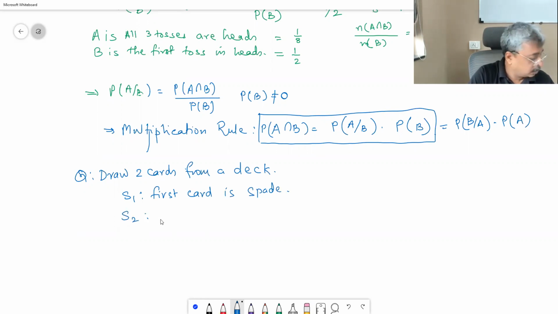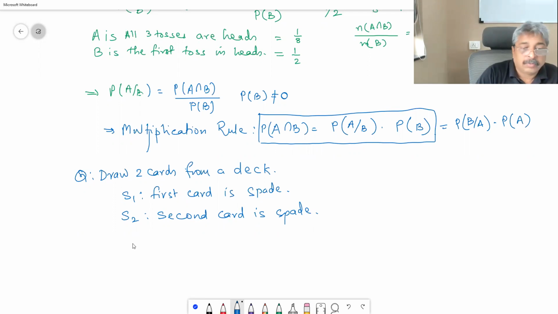S2: second card is spade. Then what is probability of S2 given S1?